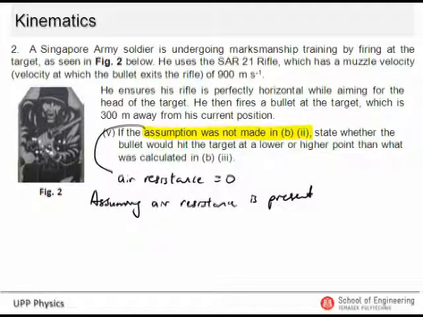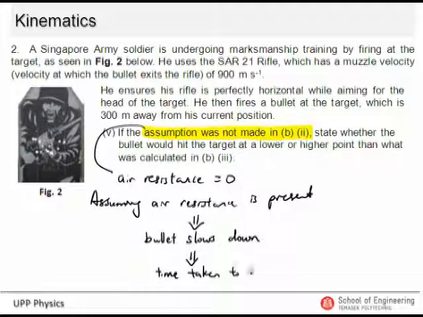If air resistance is present, then the bullet will slow down. Now once the bullet slows down, what will happen to the time taken to reach the target board? The time taken to reach the target board naturally will increase, meaning the bullet needs a longer time to reach the target board.